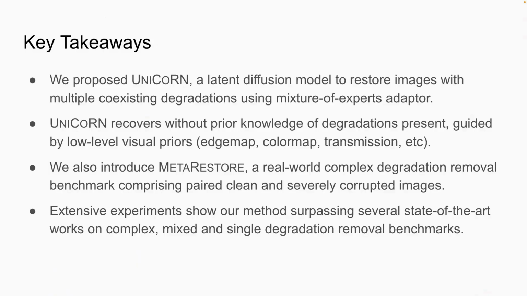And we also introduced this real-world complex degradation removal benchmark called MetaRestore, which has paired clean and severely corrupted images. And we show through experiments and qualitative results that our method surpasses all previous state-of-the-art works and establishes a new benchmark, as well as very faithfully recovers the structural and fine-grained details of images which are corrupted.